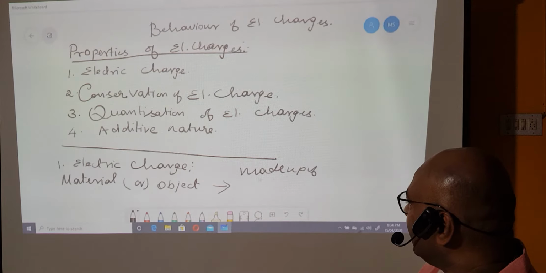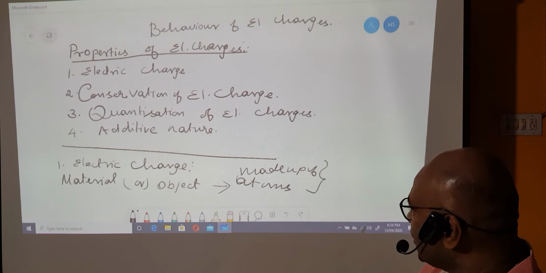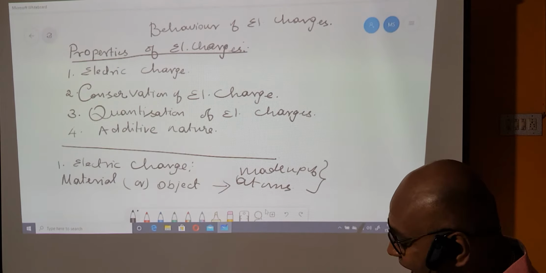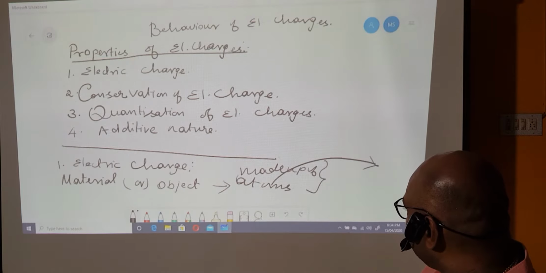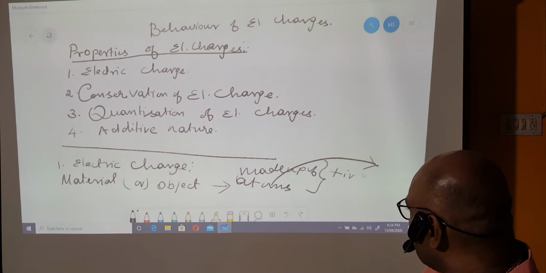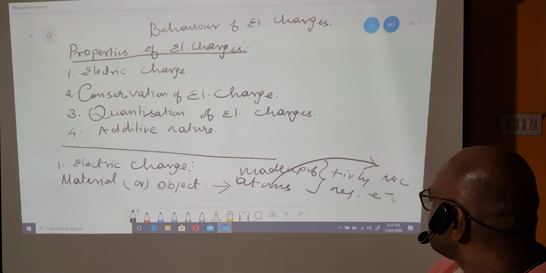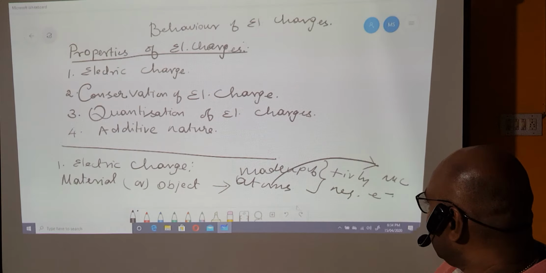They are made up of atoms. The atoms are made up of positively charged nucleus and negatively charged electrons.